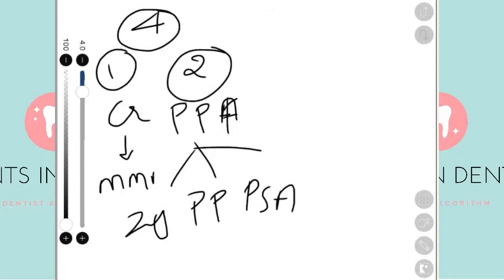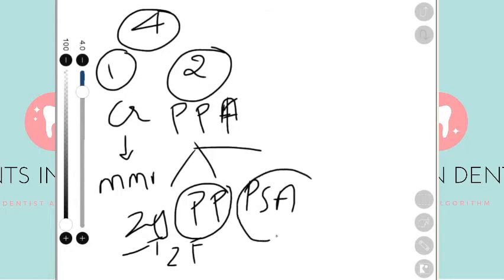The zygomatic branch divides into zygomatico-temporal and zygomatico-facial. The pterygopalatine branch gives secretomotor fibers to the lacrimal gland, and it also supplies 4 other parts, namely the orbit, nasal cavity, palate, and the pharynx. And then you'll have your posterior superior alveolar nerve.